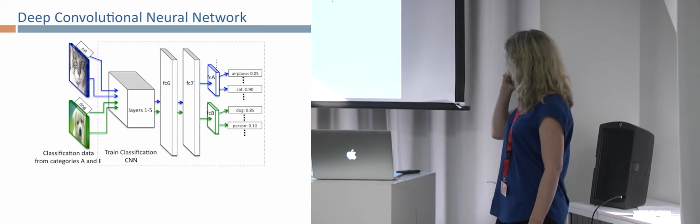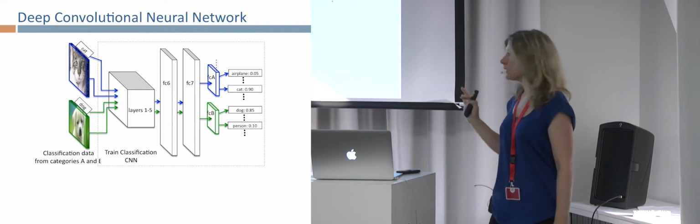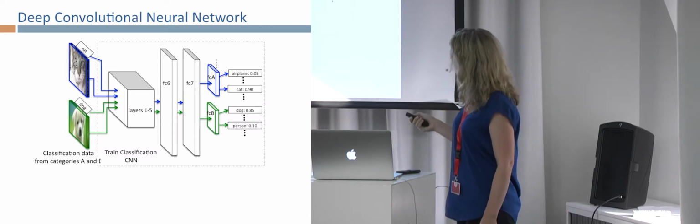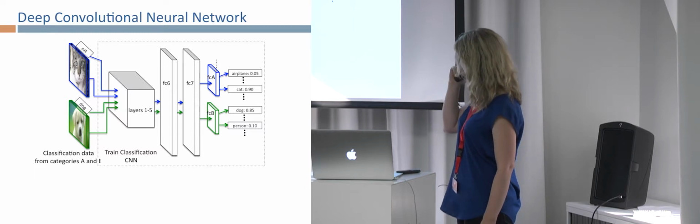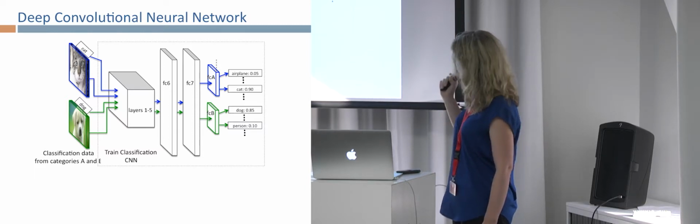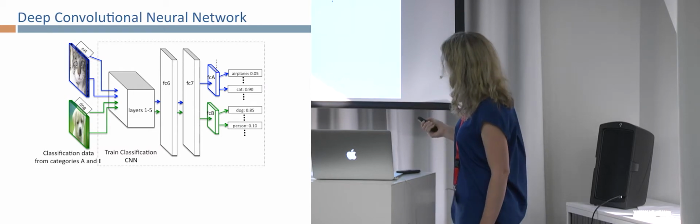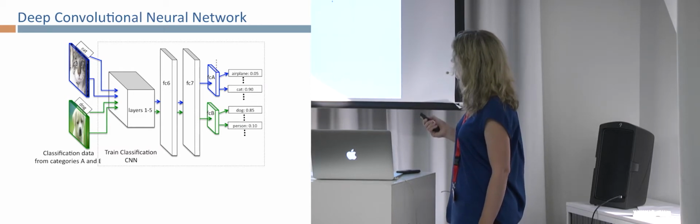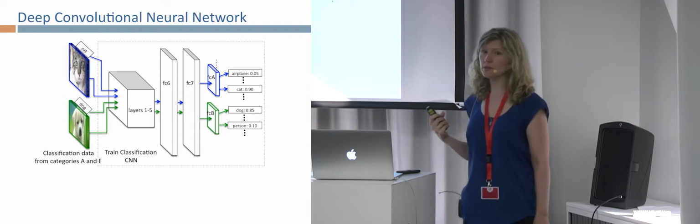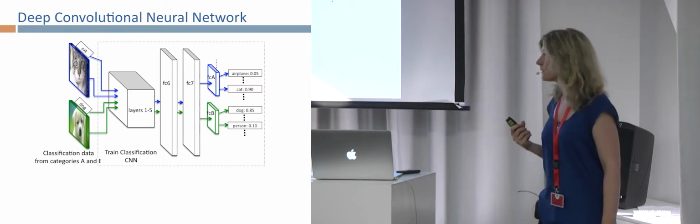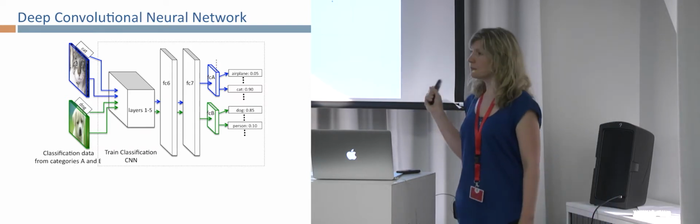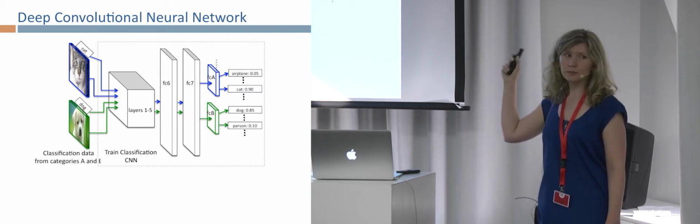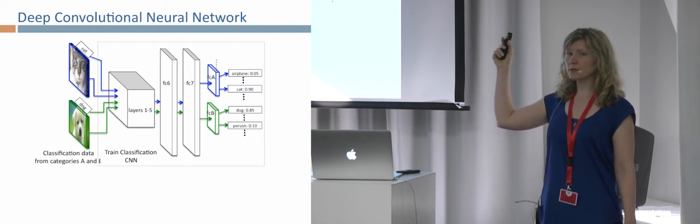So the approach we use here is not boosting, but rather a deep convolutional neural network. These are becoming quite popular these days, and the reason is that they're achieving pretty good results on some of the data sets that we have. How many people know what a deep neural network is?